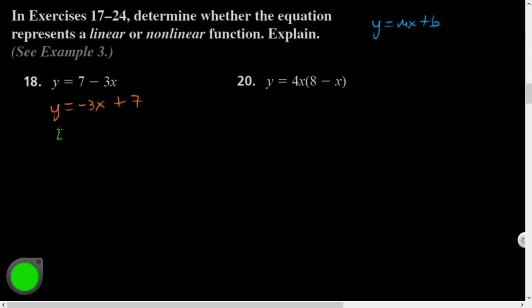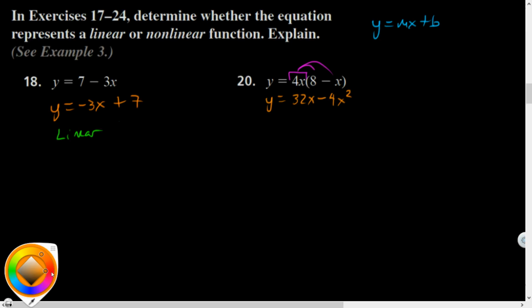It is linear. This one over here, if I was to distribute, I would have the following: y equals 32x minus 4x squared. This is a problem, this x squared part. This is non-linear.